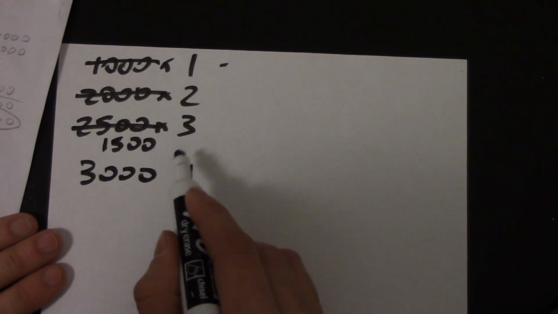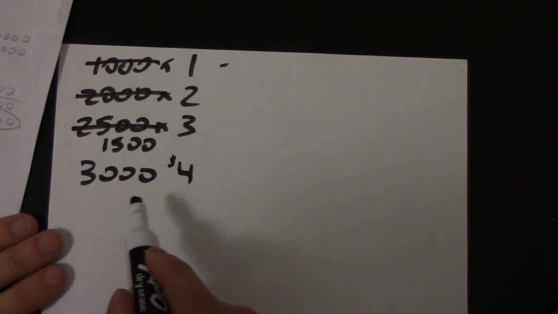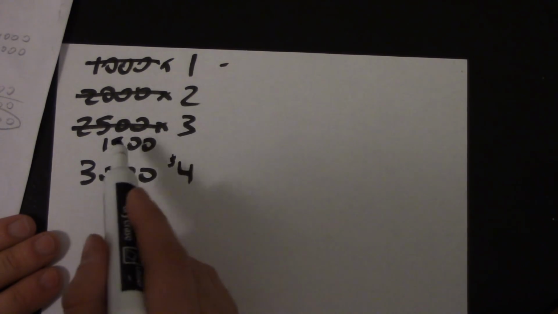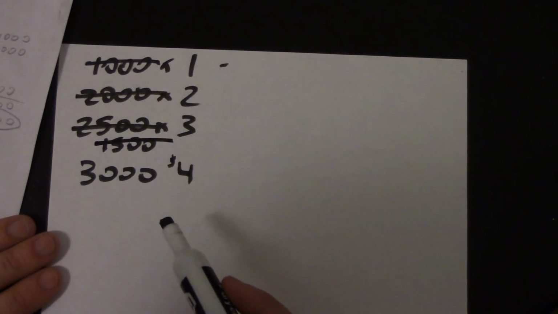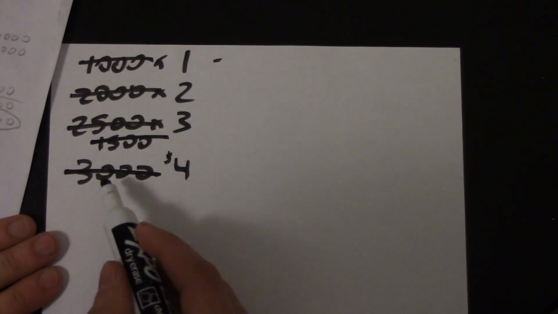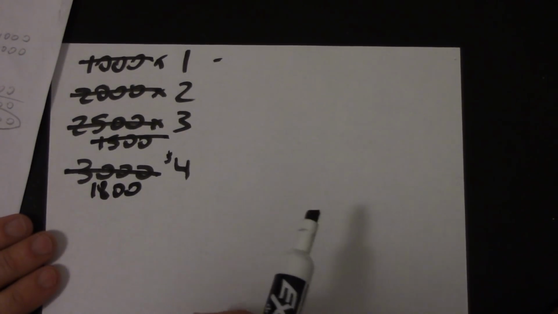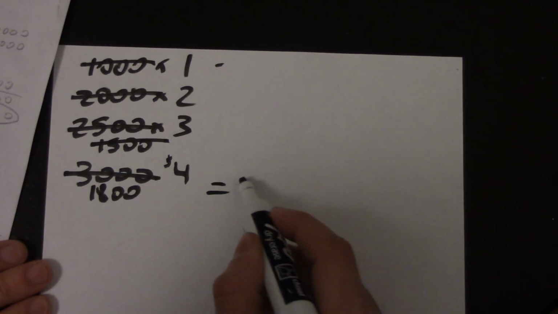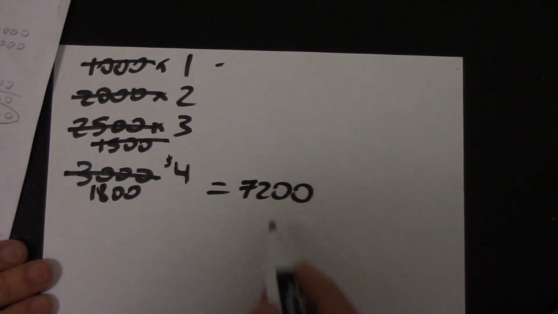We purchased 3,000 units at $4 each. And then we sold 2,700 units. So I'm going to take the full 1,500 out of there, and I'm going to take the remainder out of there, leaving me with 1,800 units at $4 each. And so you should recognize that that is the same thing as what we just did before. 1,800 times 4 is 7,200.